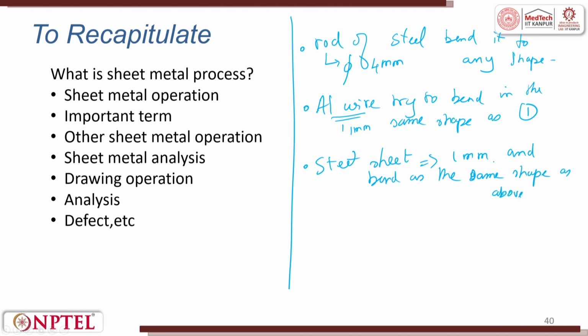Now you will see, when you bend it and draw the profile on an A4 sheet and leave it there for 24 hours, there can be a spring back happening.